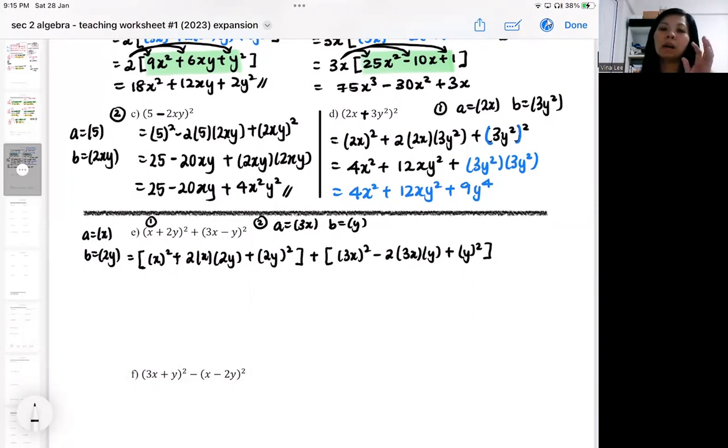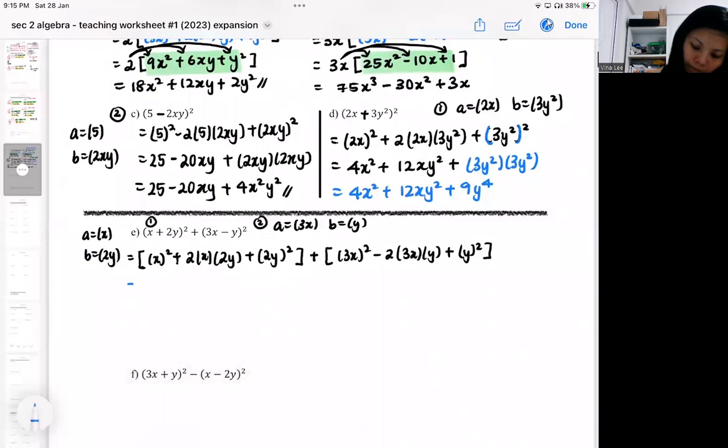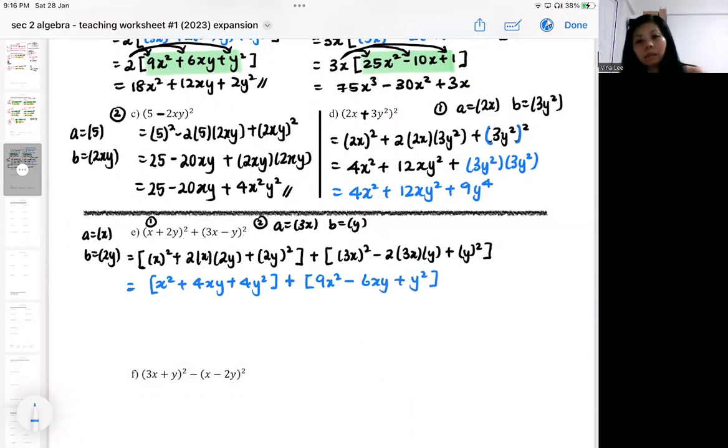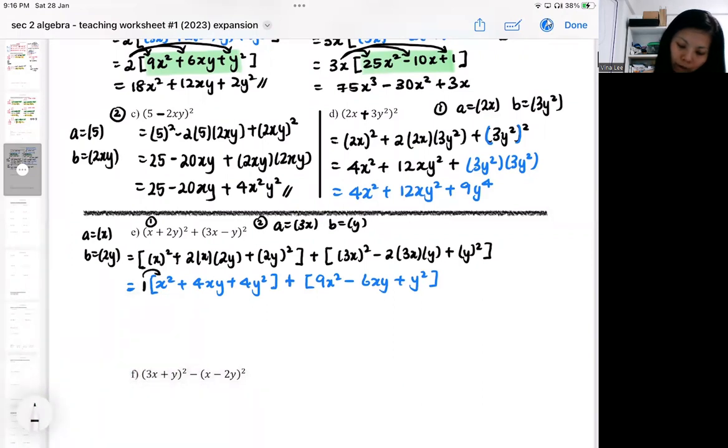So essentially we are adding formula 1 and adding formula 2. You will get x squared, 4xy, 9x squared. Okay, open up the square bracket. So essentially, it's a positive 1 multiplied into the bracket.